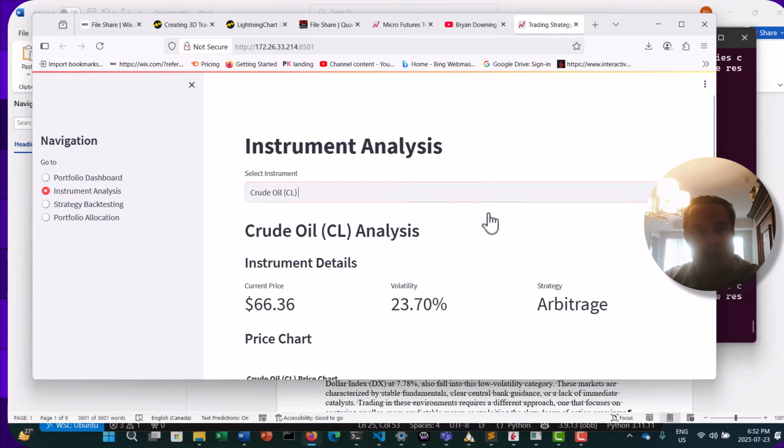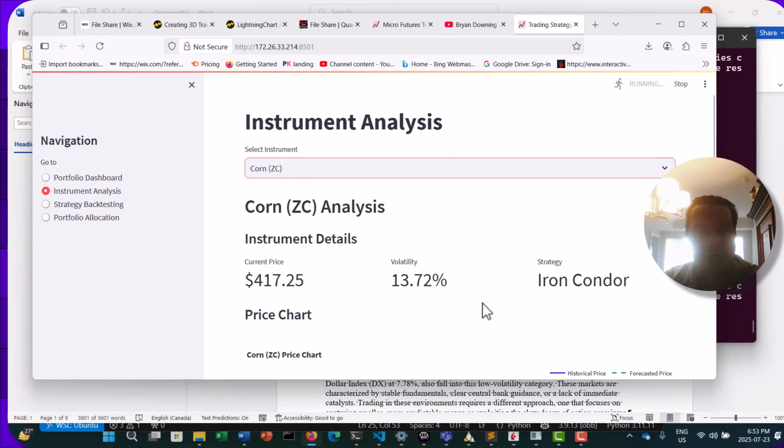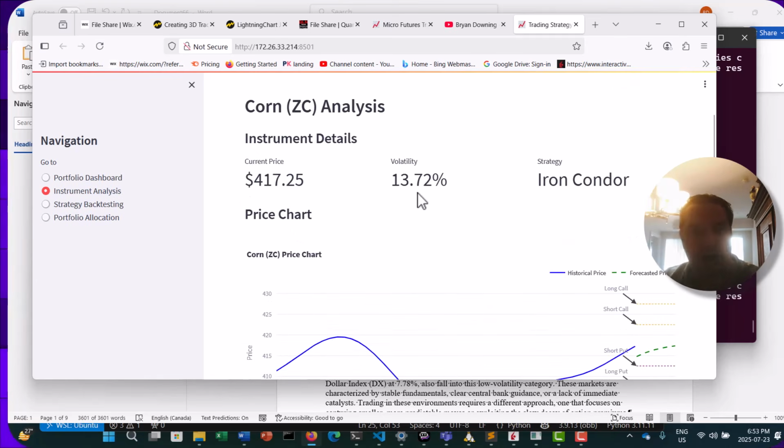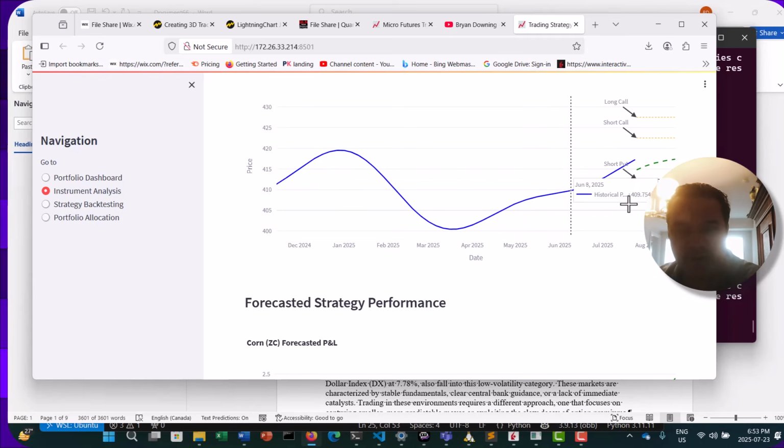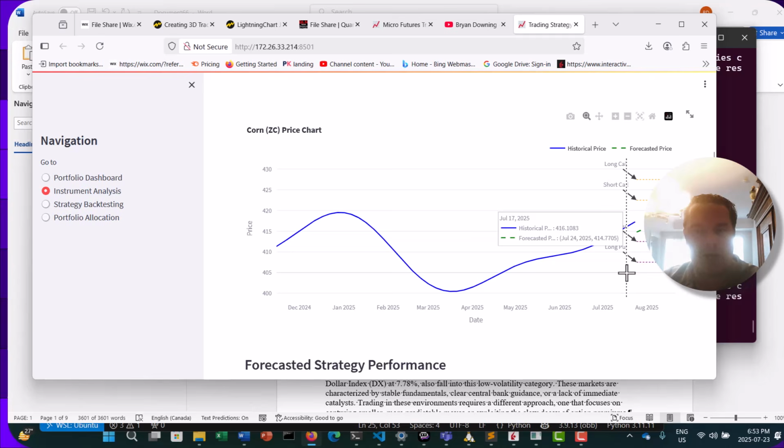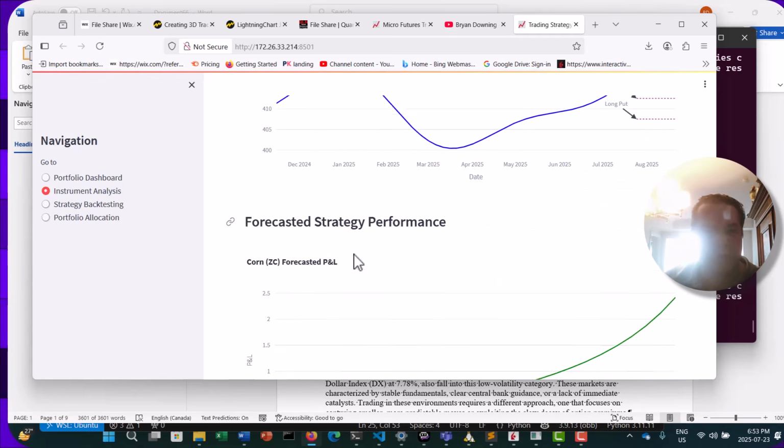And if I look at corn as another one, we have expected return. I don't think it does a return, but you can see here it's recommending the different types of strategies and long put at what levels. It's also projecting the price line on corn futures.